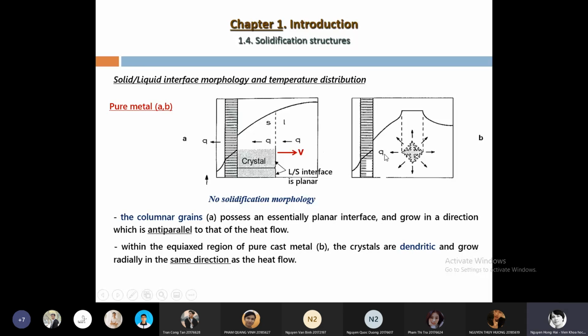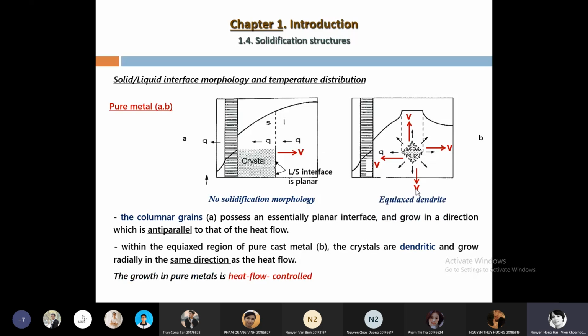In this case, anti-parallel, but in this case, we have the same direction. The growth direction is the same as the direction of the heat flow. See the difference, very different.